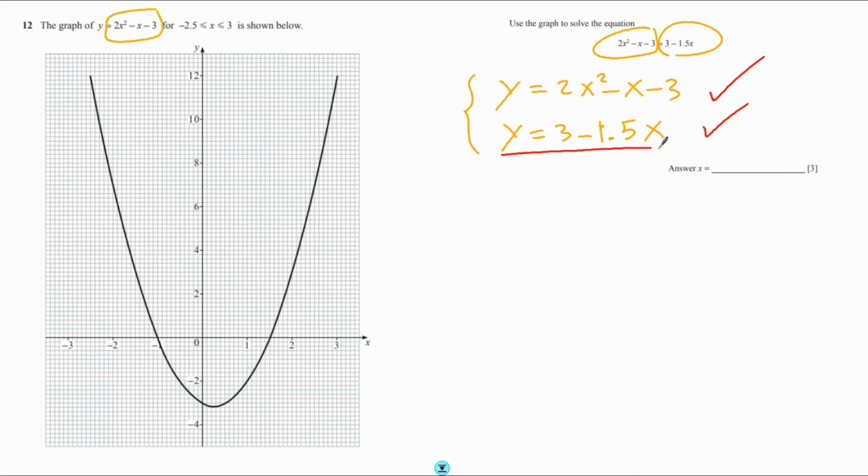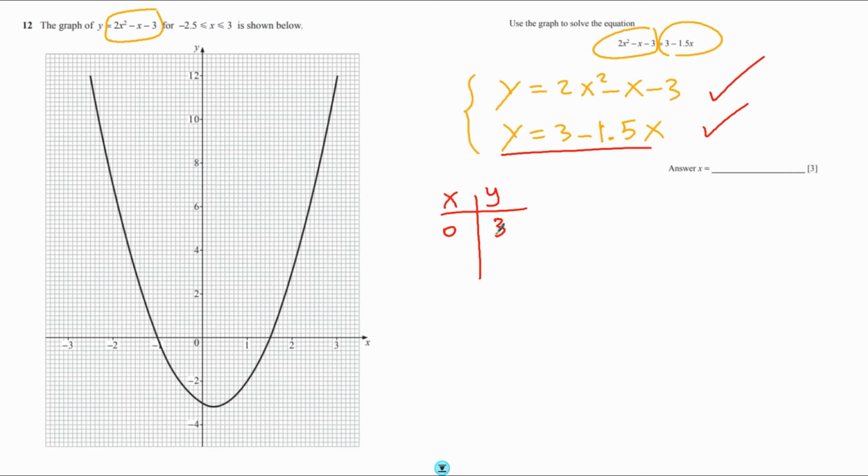To draw that one, we know this is the equation of a line because it's linear: just x, no x squareds, no x cubes. So we can just have two points to consider. We can have a table of x and y. If x equals 0, y equals 3.